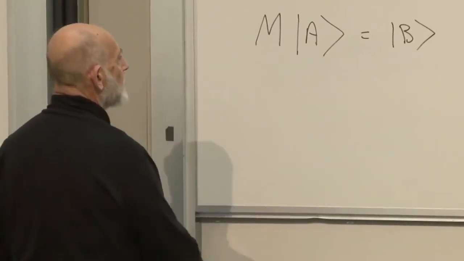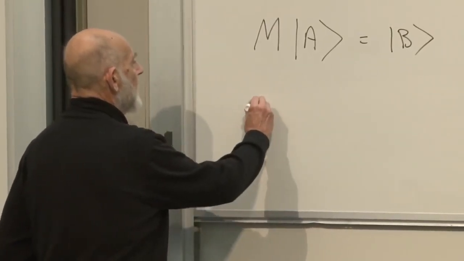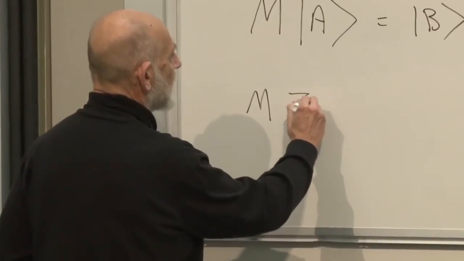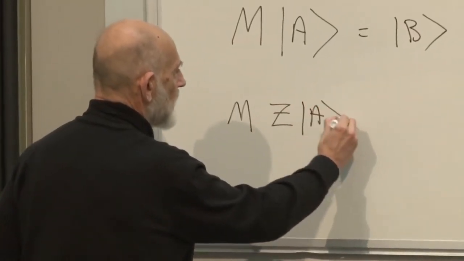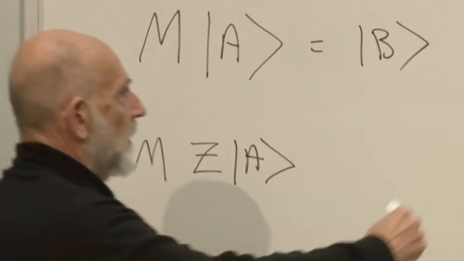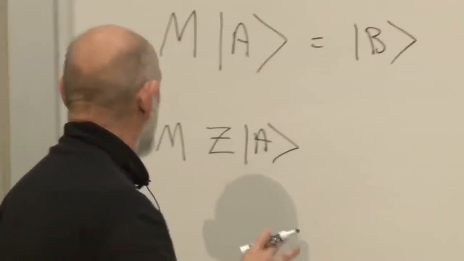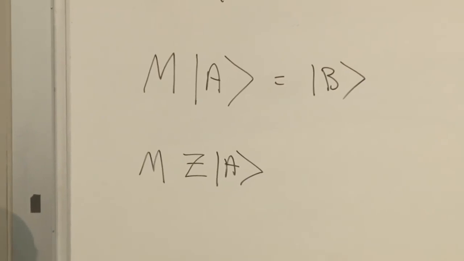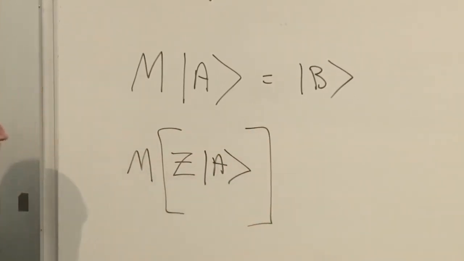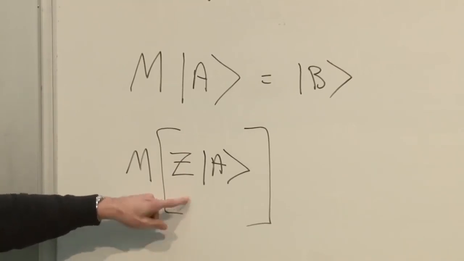Well, first of all, M can act on Z times A, where Z times A is a vector. In fact, let's write that. M can act on Z times A. Z times A is itself a vector because you're allowed to multiply vectors by complex numbers.